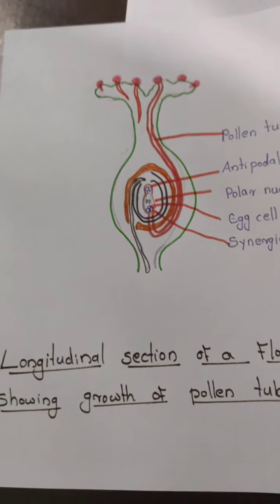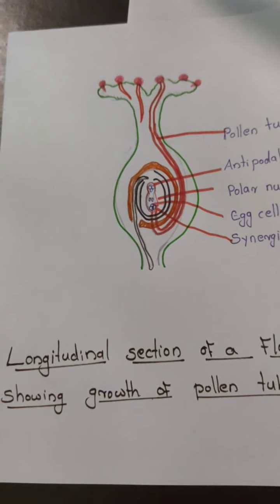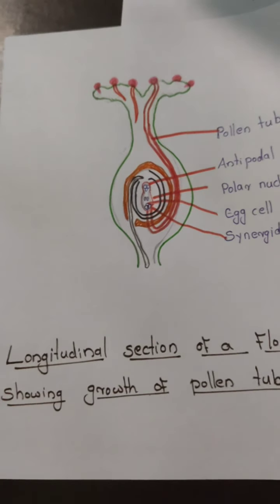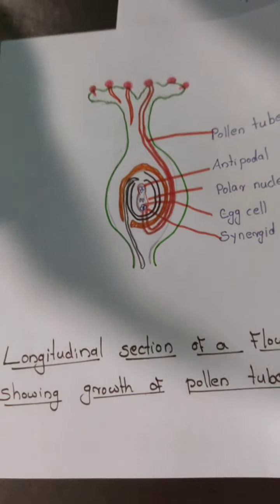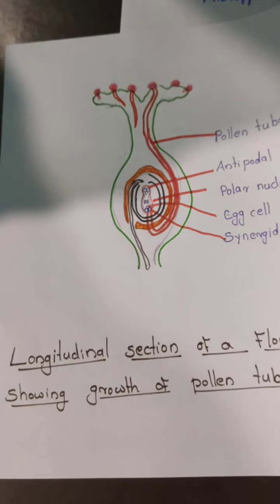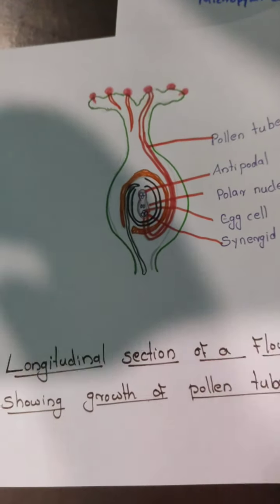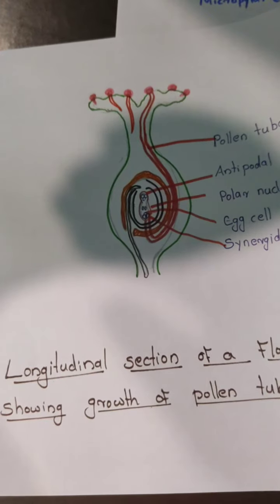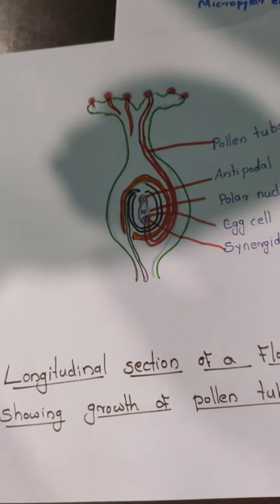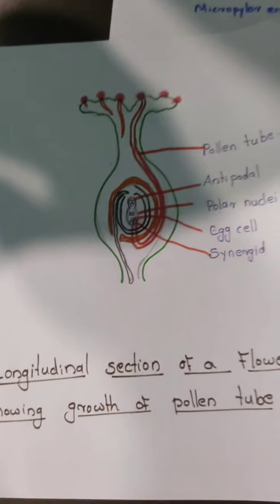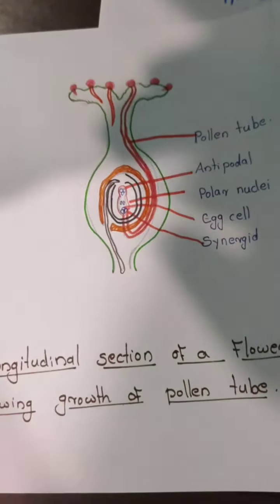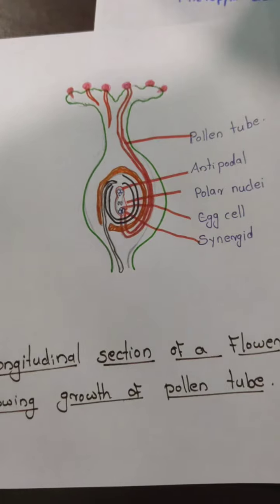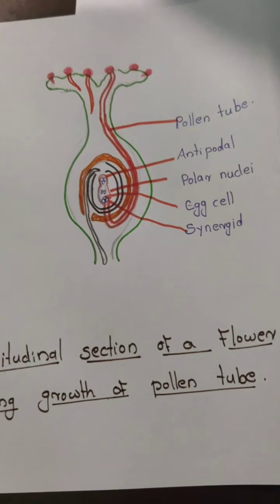If the pollen is the right type, the stigma allows it to germinate. If it is the wrong type, the stigma rejects the pollen, preventing germination.